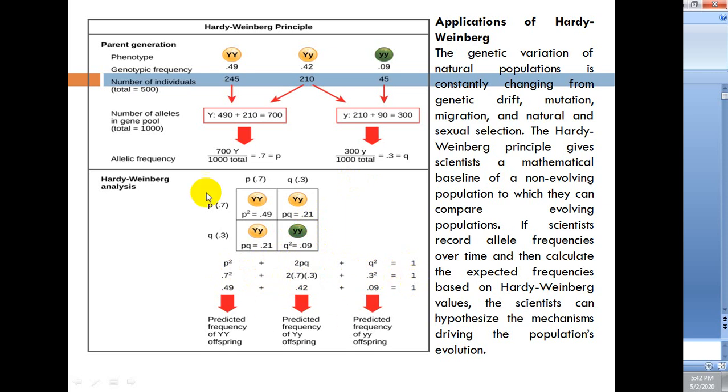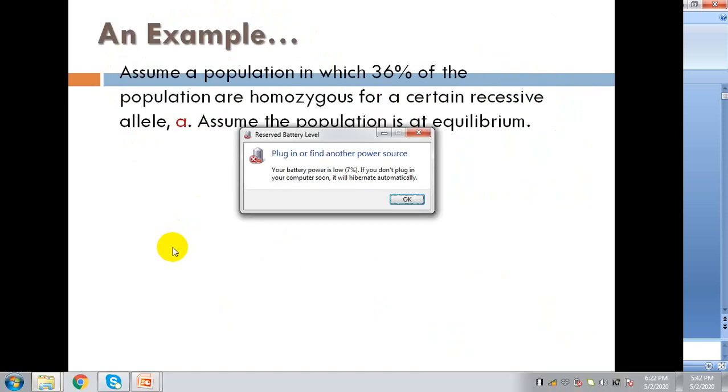So this is how we can determine the allelic frequency and genotype frequency in a population which is in Hardy-Weinberg equilibrium.